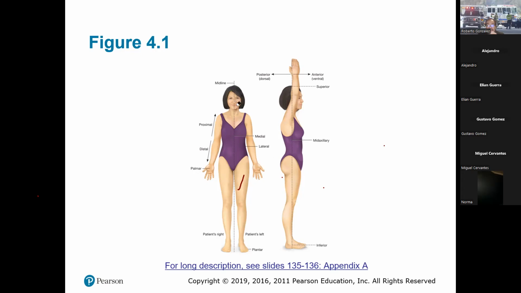Is this the person's right side or left side? There will be the left side. So left upper leg. So you divide the body into right and left side, but in the view of the patient, not yours.